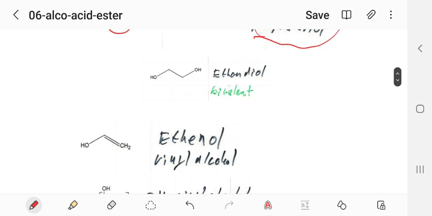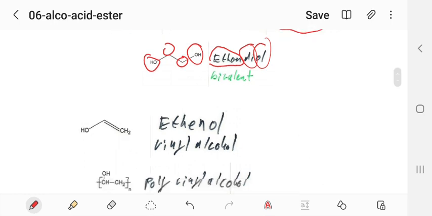This one is called, normally it's an ethanol because it has 2 carbons, but it also has 2 hydroxy groups, and therefore it's bivalent, and it's an ethanediol. So it's bivalent because it has 2 hydroxy groups.